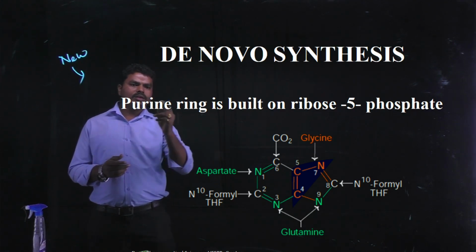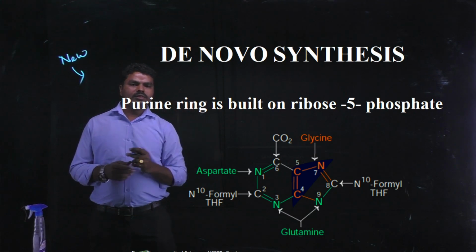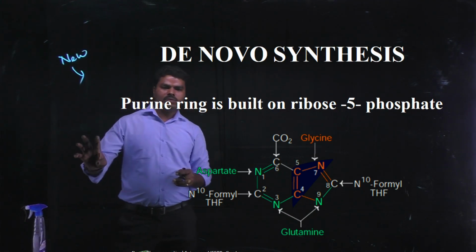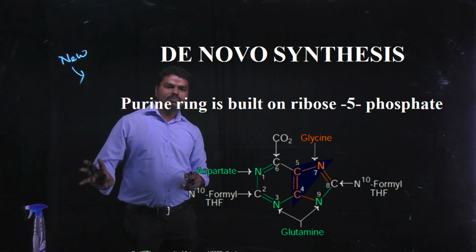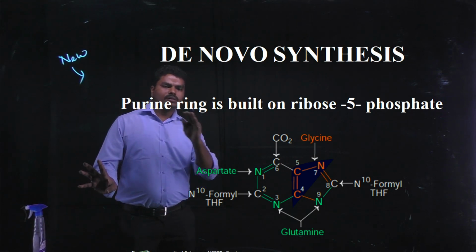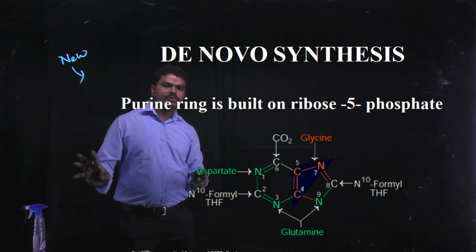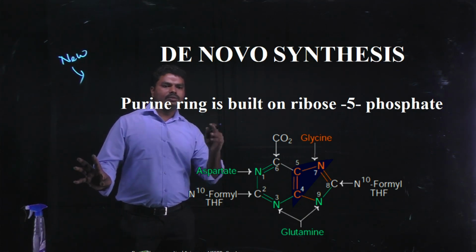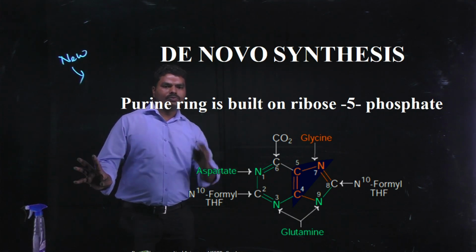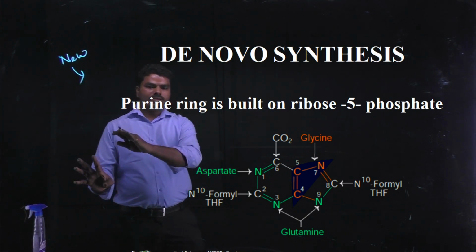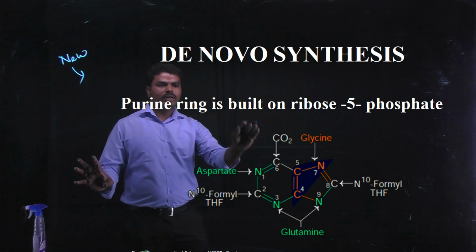That's why the name de novo synthesis is given. So there is no utilization of an existing nitrogen base for the synthesis of these nucleotides. It will create the new nitrogen base on ribose 5 phosphate. The purine ring, or the base ring, is built on the ribose 5 phosphate.